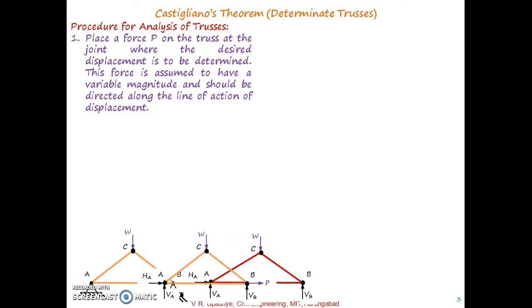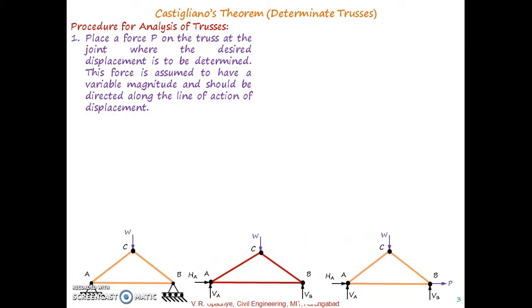For the analysis we will consider the real loads that are applied, and then at the position where deflection is to be calculated, say at joint B for horizontal deflection, we will apply force P there and go for further analysis.